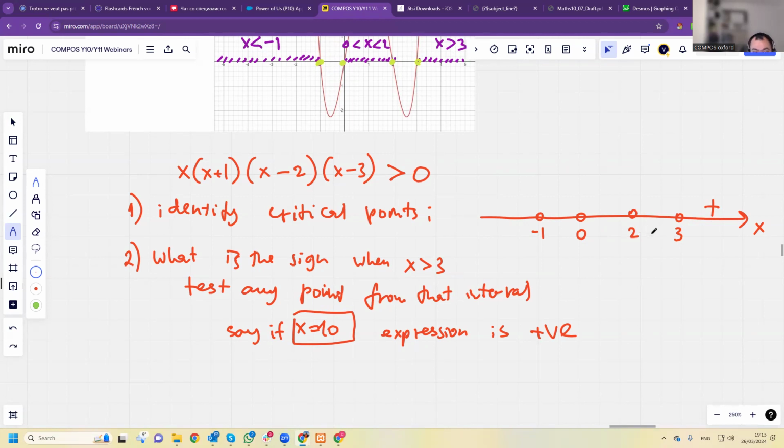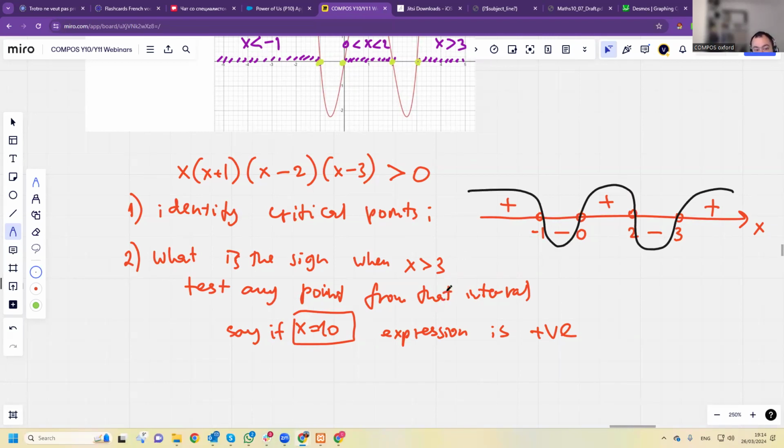We can test that by subbing 1.5 into the expression, or we can just say it changes sign. Between 0 and 2 is going to be positive. Between -1 and 0 is going to be negative, and then positive. So you kind of draw the graph, but not really. You just say it's going to be positive here, negative here, positive here, negative here, positive here, negative here.